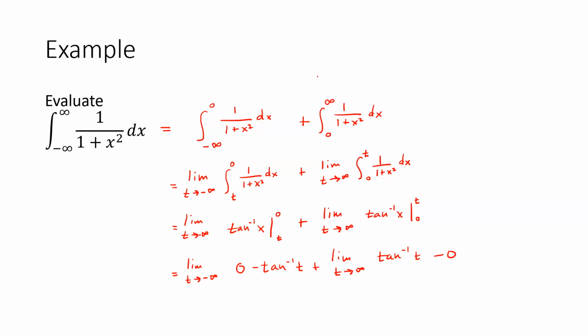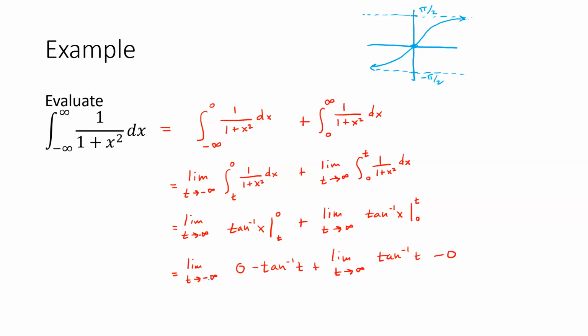Okay. Now let's remember, I'll just draw a graph to help us remember that tan inverse has horizontal asymptotes at pi over 2 and -pi over 2. As the graph goes to the right, it'll approach +pi over 2, and as it goes to the left, it'll approach -pi over 2.